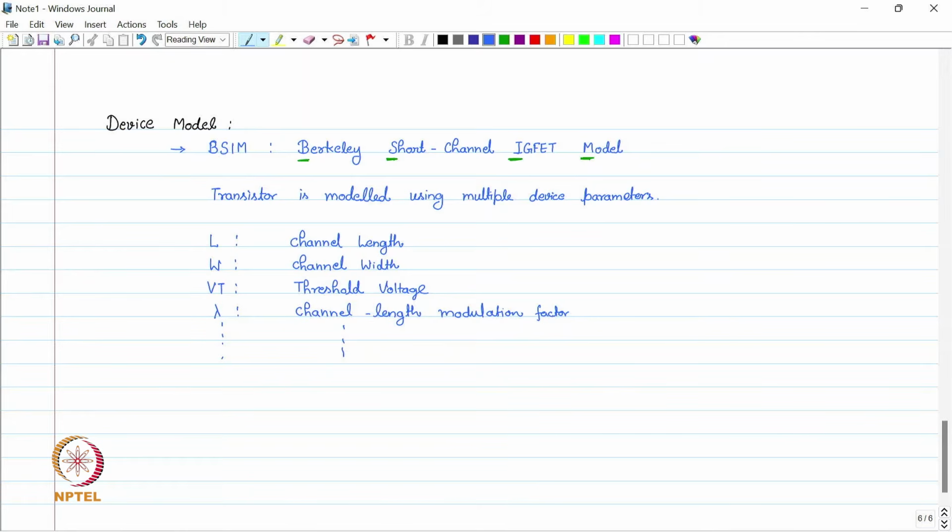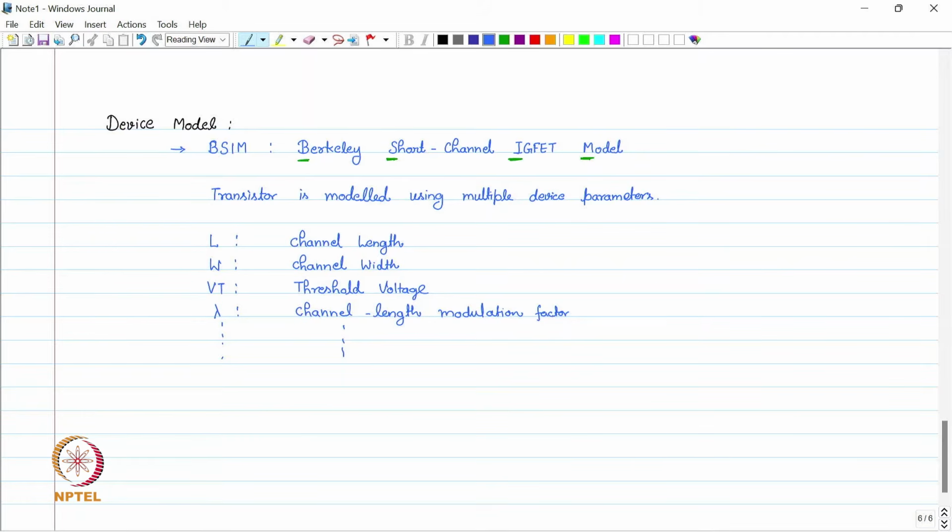So this BSIM model is primarily developed by the University of California at Berkeley. That's why the name is the BSIM, Berkeley Short channel IGFET Model. And this is nothing but a set of parameters which we are using for modeling the device.